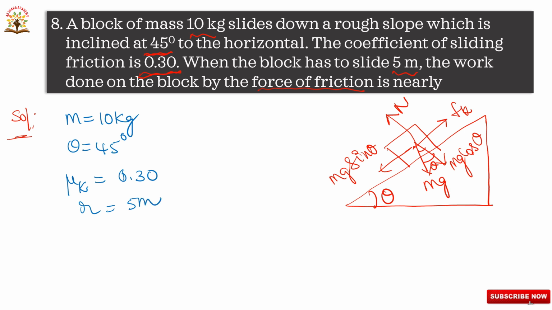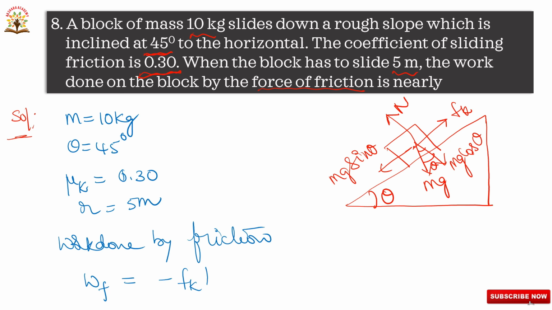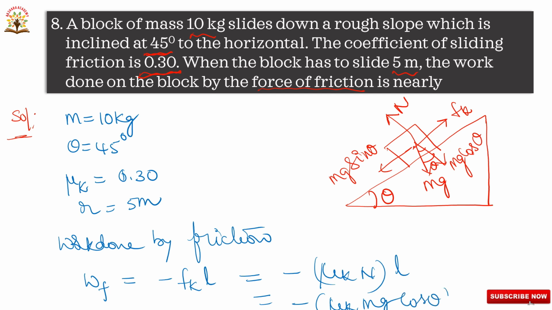So the work done by friction, Wf, is equal to minus Fk into L, that is equal to minus mu k N into L. Here this can be written as minus mu k mg cos theta into L.